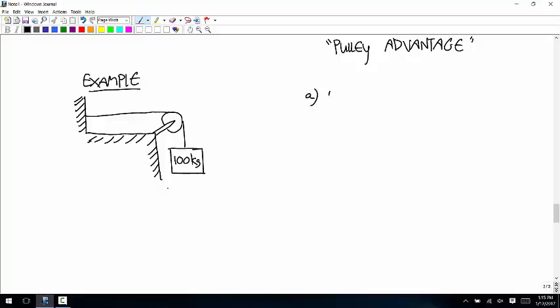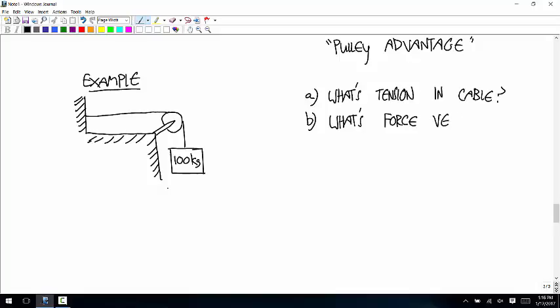So first, let's figure out the tension in the cable. And then second, let's figure out what's the force vector the cable applies to the wall.